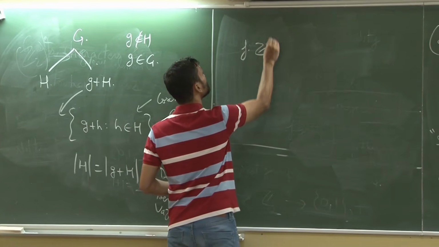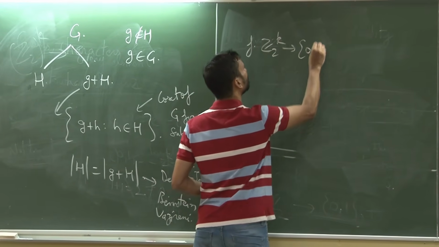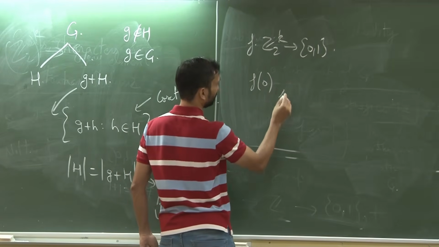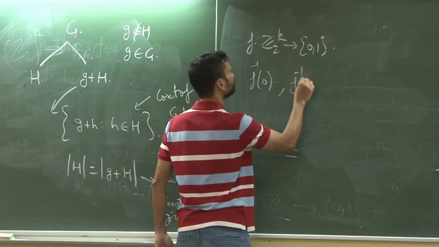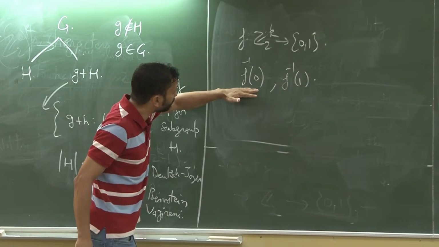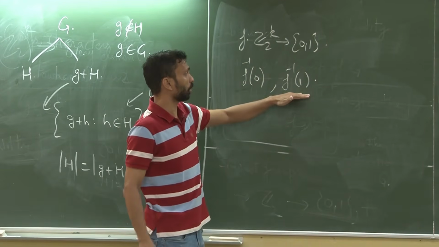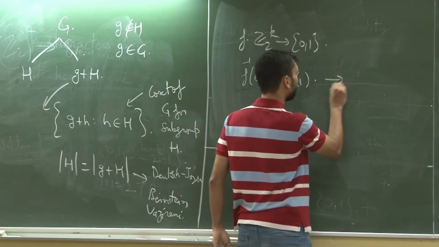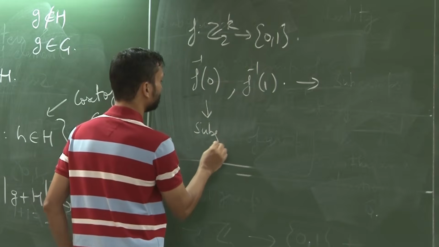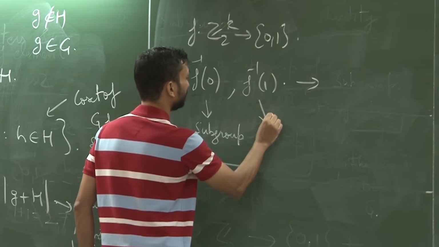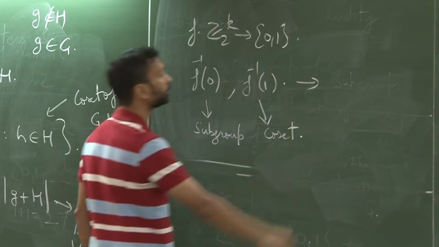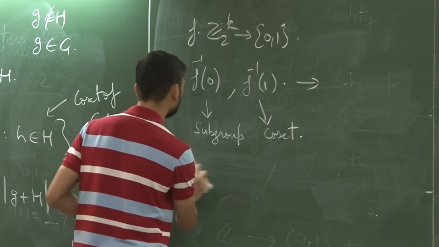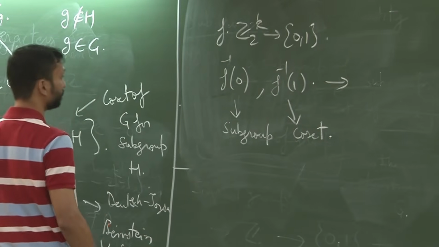So for Bernstein-Vazirani, we have a function such that F inverse 0 and F inverse 1 are all the elements which are mapped to 0, and all elements which are mapped to 1. They have the same size, and actually one of them is the subgroup and the other is the coset.